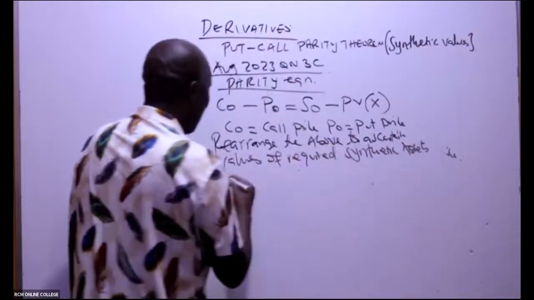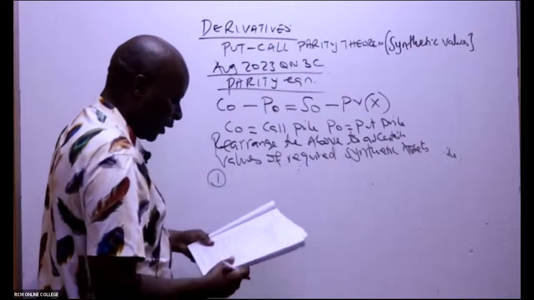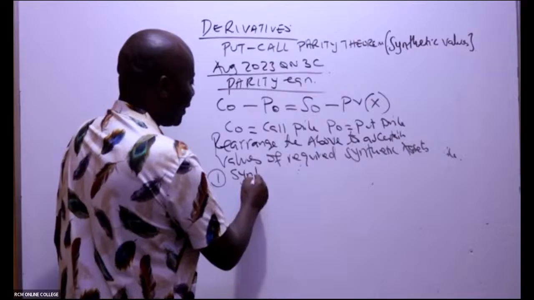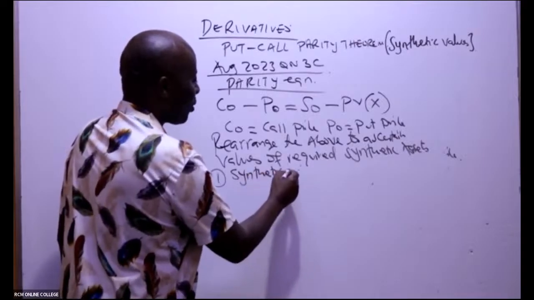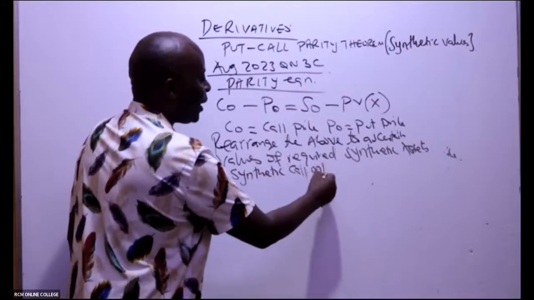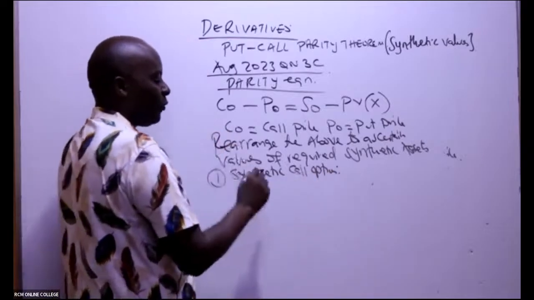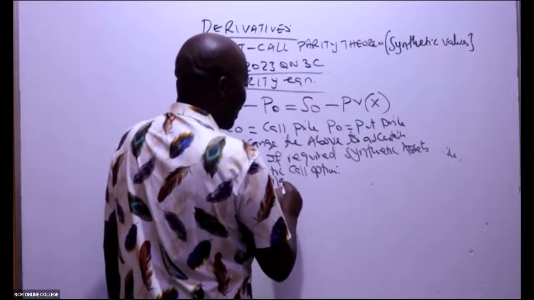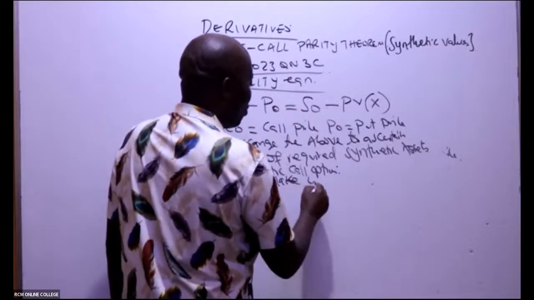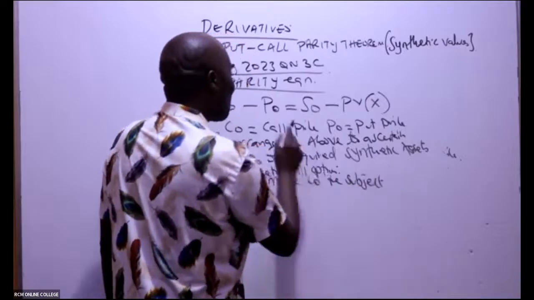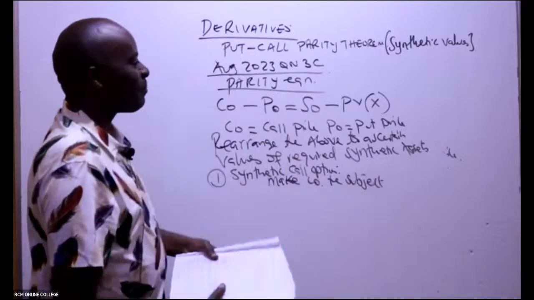Like now, number one, they want us to give them the synthetic call option. The synthetic call option basically makes CO the subject of the formula. Could you kindly do that for me?